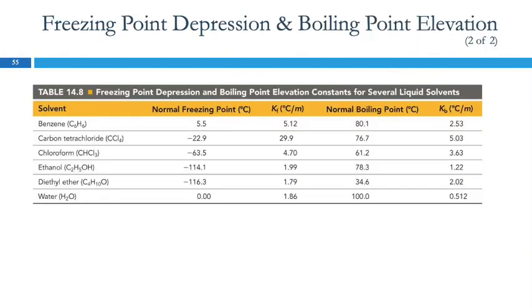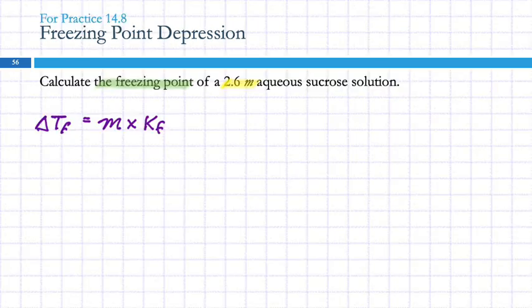So we need to know what that is. Here is water, 1.86 degrees Celsius per molal. KF, 1.86 degrees Celsius per molal.